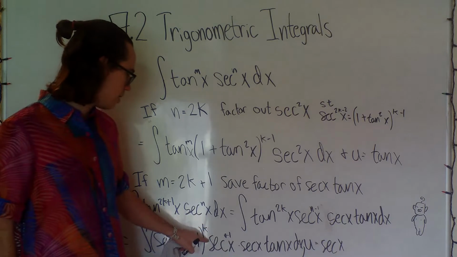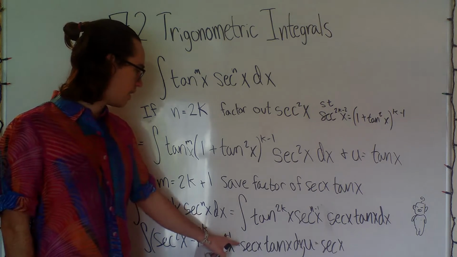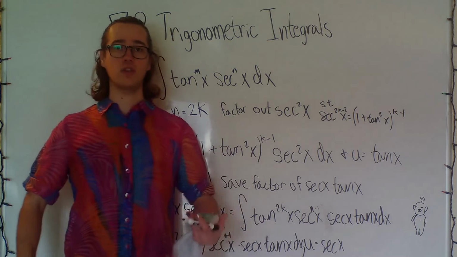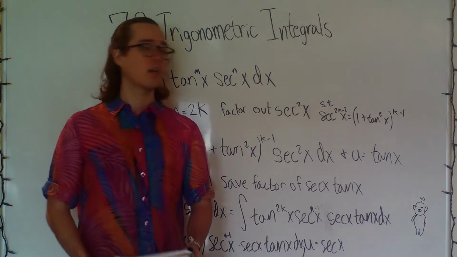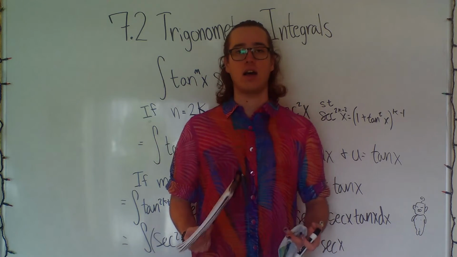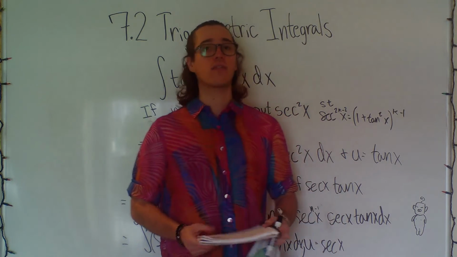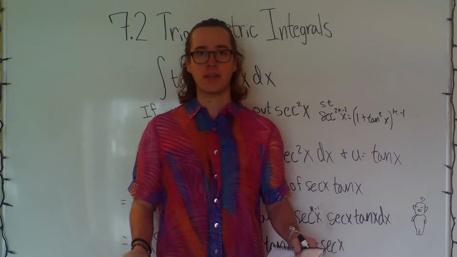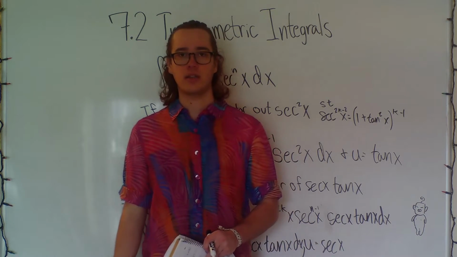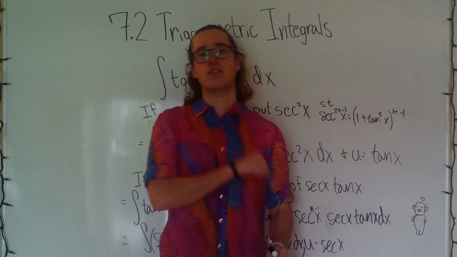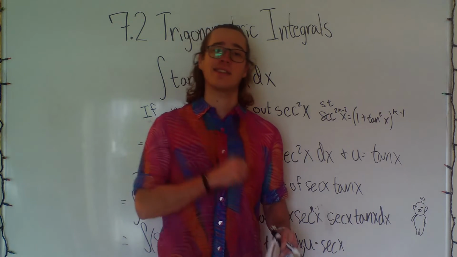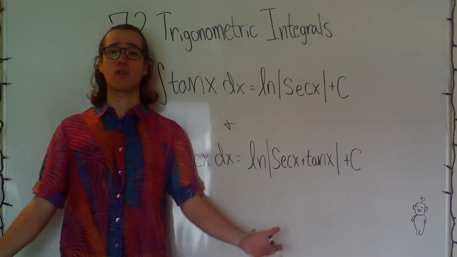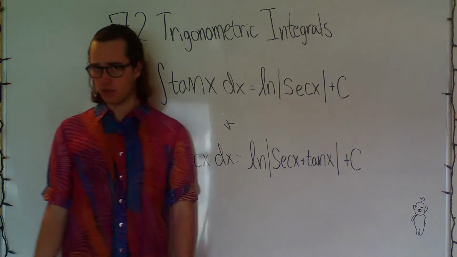And then we do times secant to the n minus 1 x times secant x tan x dx. And as I said, we use u equal to secant x. So these are the rules for our secants and tangents. For cotangents and cosecants, essentially it's the exact same thing, except we use cotangents and cosecants, and tangent corresponds to cotangent, secant corresponds to cosecant.